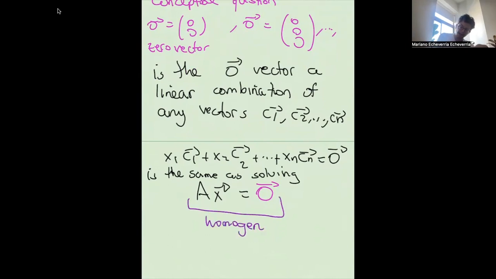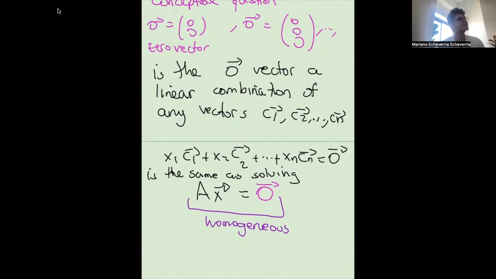And what did we say about the solutions of a homogeneous system? What happened with homogeneous systems of equations in terms of solutions? Again, in general, there are three possibilities for a system of equations: zero solutions, one solution, or infinite solutions. But in the homogeneous case, there's always at least one solution.